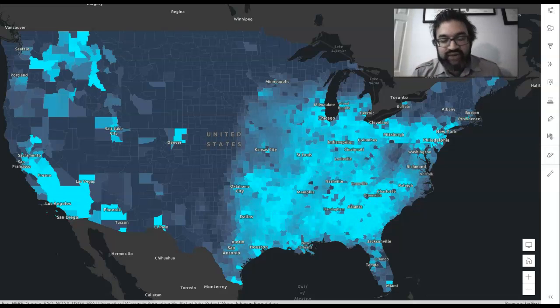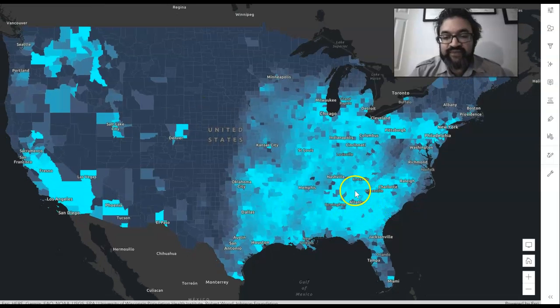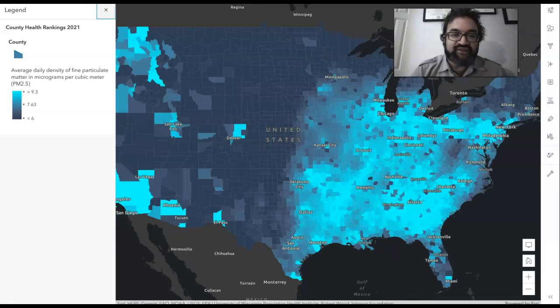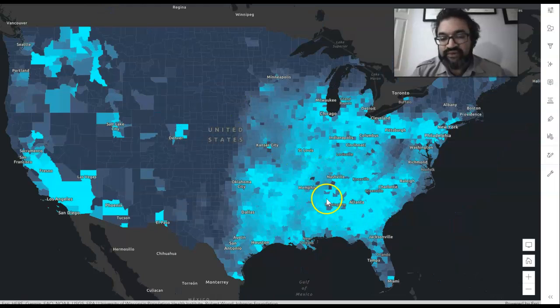So what I did is I generated a map using ArcGIS and looked at the areas with high levels of particulate matter. It's always good to know what the units are. And so the units here are micrograms per cubic meter.